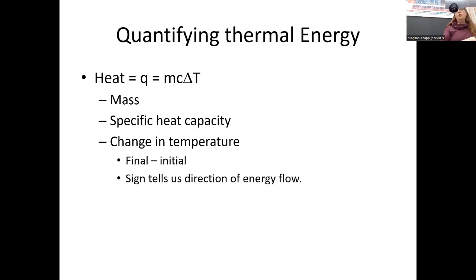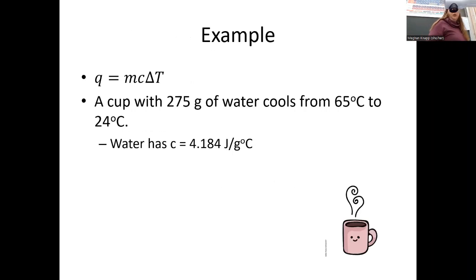So we're going to try one quick equation plugging these things in. All right, can I move on? Okay, so here's our problem. Again, we have the equation, Q equals MC delta T. We have a cup of water. There are 275 grams of the water.